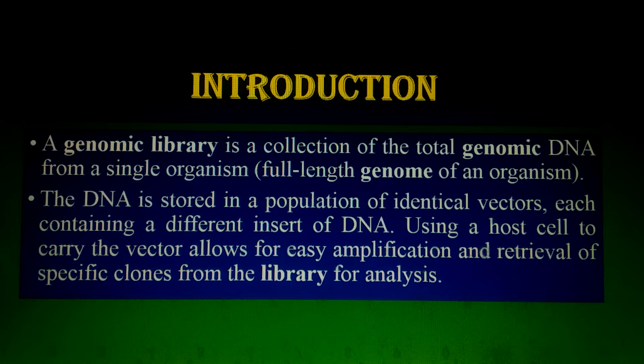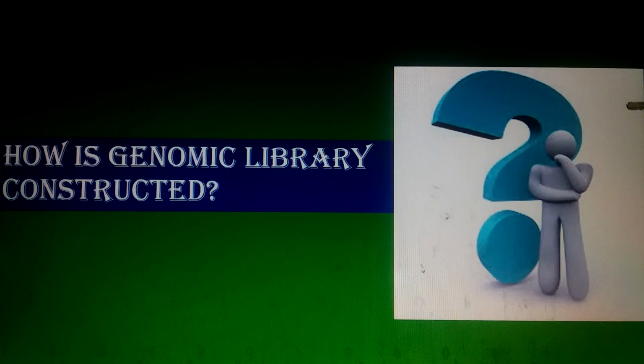The DNA is stored in a population of identical vectors, each containing a different insert of DNA, using a host cell like bacteria to carry the vectors, allowing for easy amplification and retrieval of specific clones from the library for further analysis whenever you need. Is it clear?